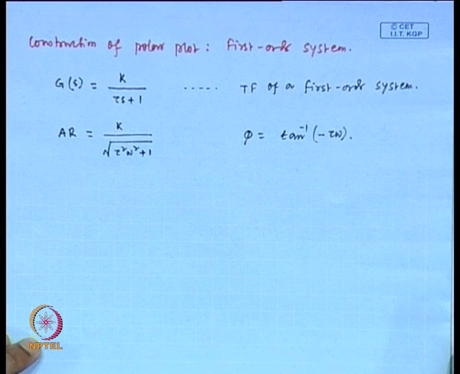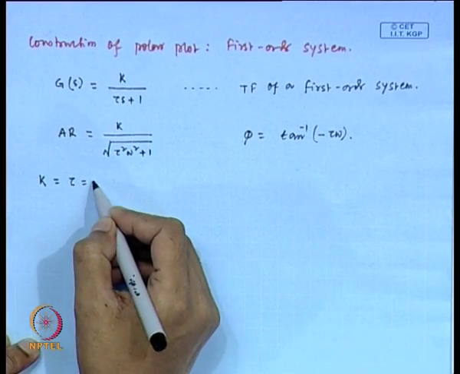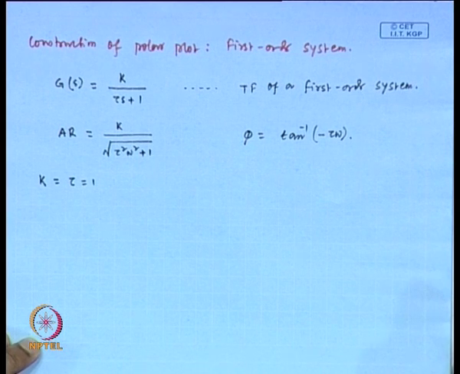These two expressions we determined earlier. Now, we will consider both the process gain and time constant are equal to 1. We will consider both k and tau are equal to 1. Fine.